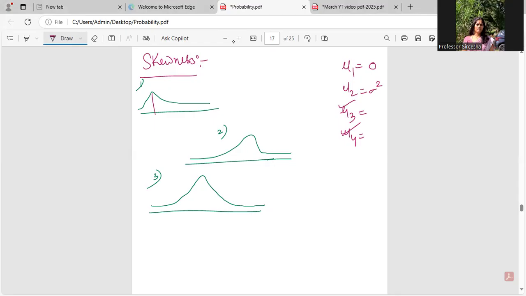Now, I'll tell you when a curve is positively skewed and when it is negatively skewed. For positively skewed, mean is maximum and mode is minimum.